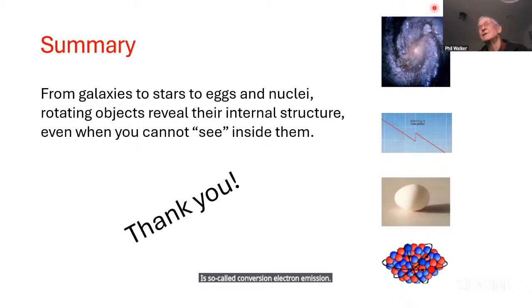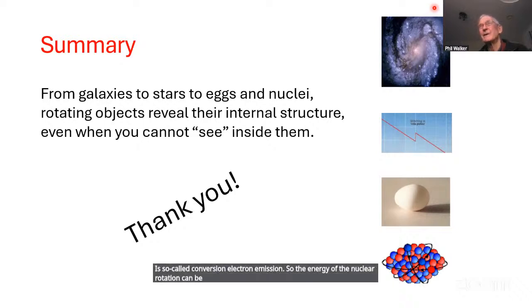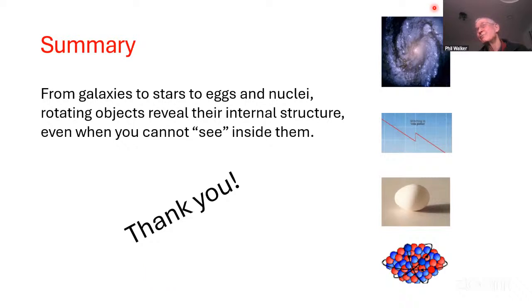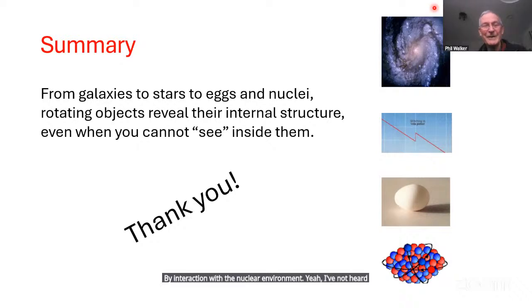The energy of the nuclear rotation can be transferred to an atomic electron, which is ejected from the atom. So you could refer to that as a kind of friction. It's a slowing of the nucleus by interaction with its environment. I've not heard it called friction, but it's an interesting way to think of it.